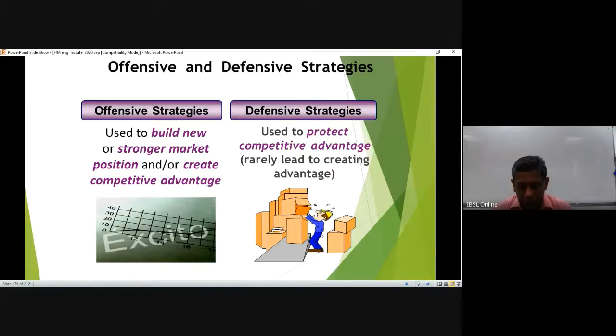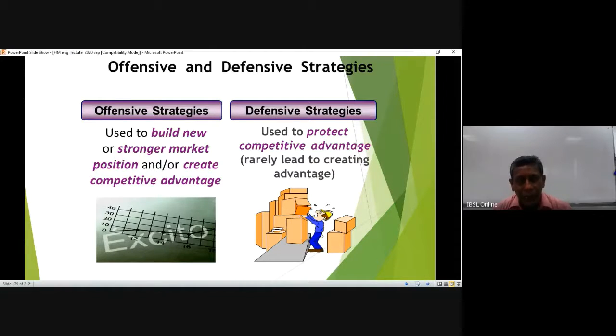In cricket matches, you will come across the batsman playing a forward defensive stroke. He is not going on the attack, he is just protecting his wicket. So you can use defensive strategies to protect your market share and competitive advantage.